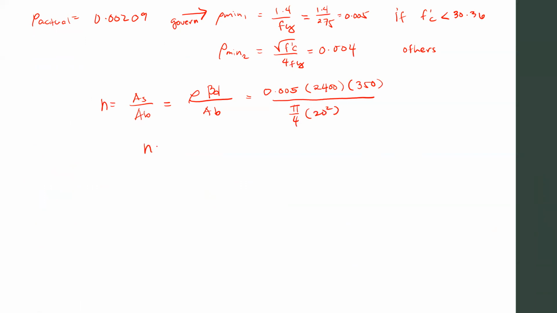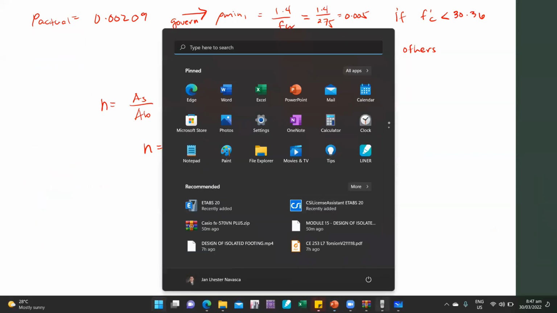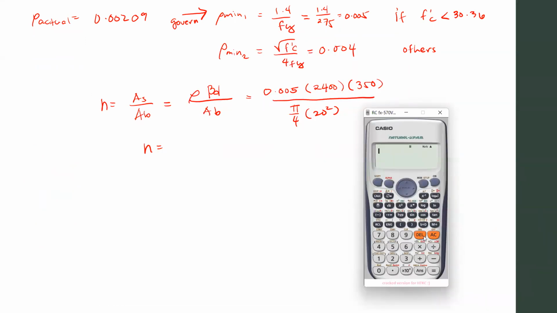So therefore, your N is equals to, I think ito ay 13 eh. So 0.005 multiplied by 2,400 multiplied by 350 divided by 0.25 divided by pi divided by 20 squared.